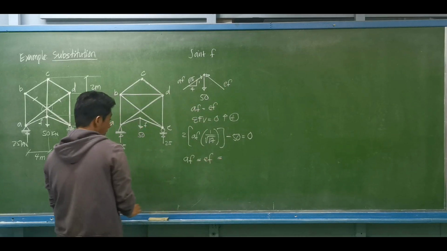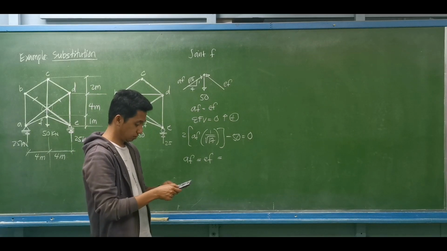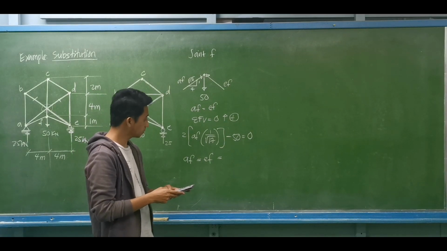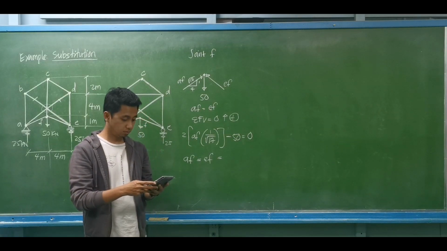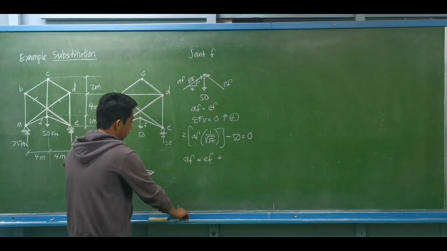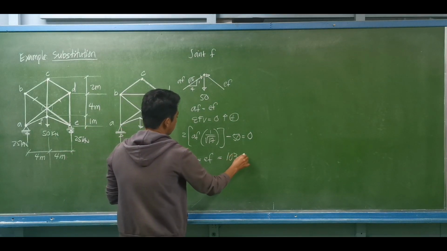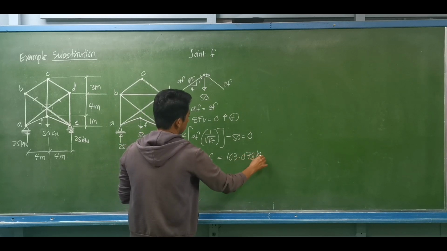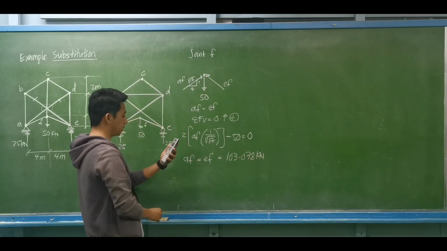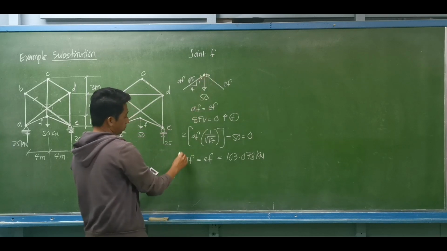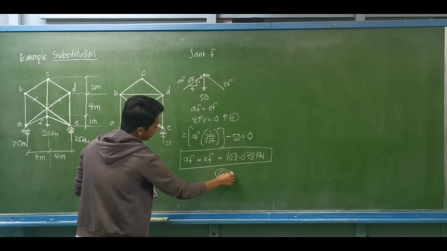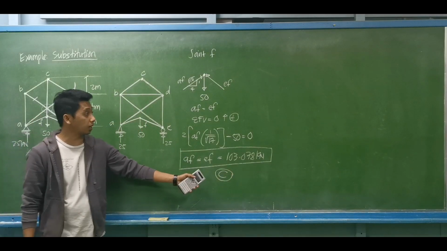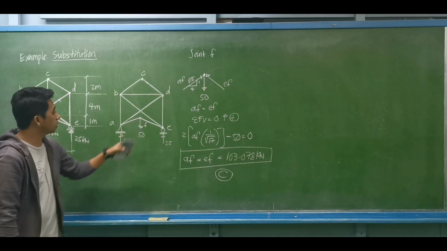Let us compute that value. It is equal to 103.078 kilonewtons. Both members, as you can see, are towards the joint. When towards the joint, it is under compression. So AF and EF both are under compression. That is at joint F.